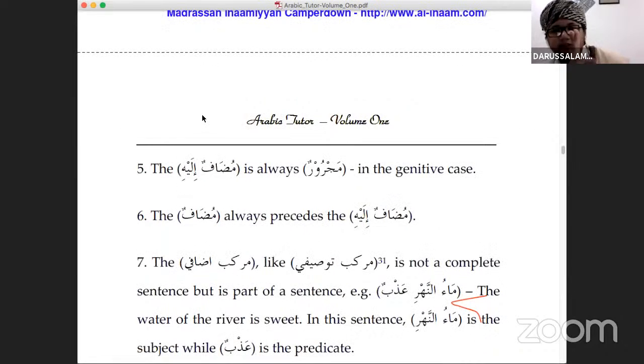And then the second part that you must remember, only two things really. The second part is that the mudaf ilaih, the second part, must always be majrur. What does majrur mean? With the kasrah.